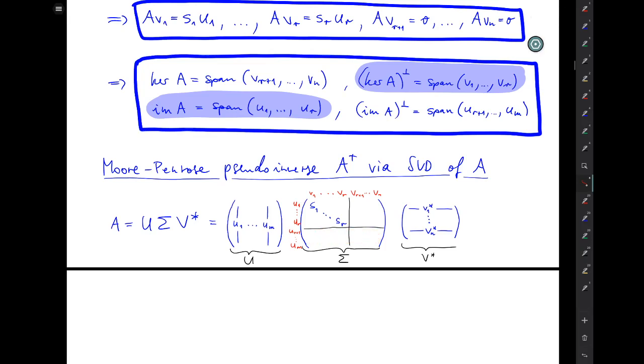And that underlines that the image is just the span of u_1 to u_r. Okay, and then the rest is clear from here because the u's form an orthonormal basis, so the corresponding orthogonal complements are just the spans of the remaining basis vectors for the image and also for the kernel.